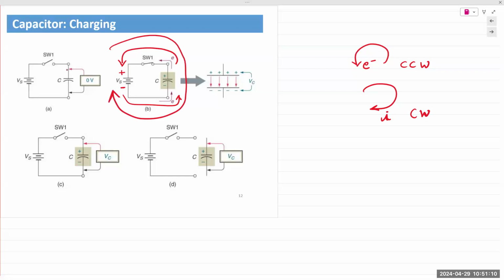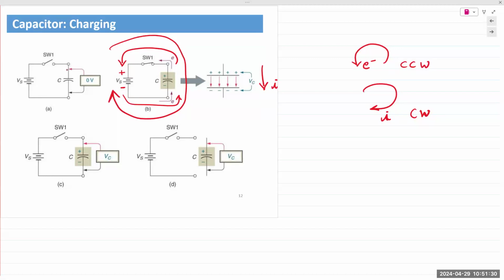Current from a source always goes from minus to plus. Current for a passive component always goes from plus to minus. In this case, plus is at the top, minus is at the bottom, and current is flowing in that direction.